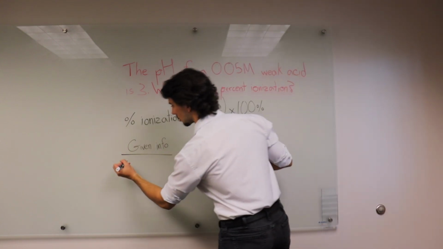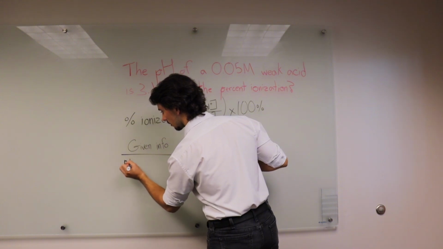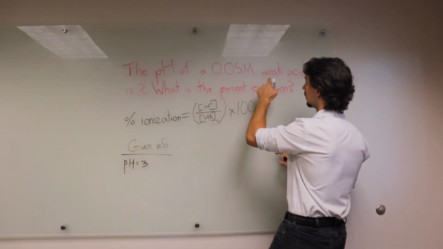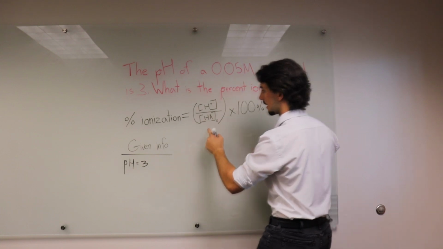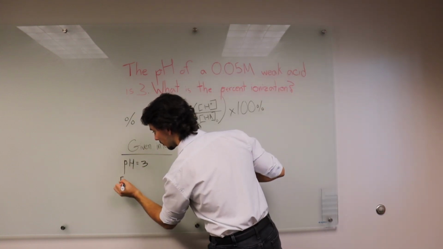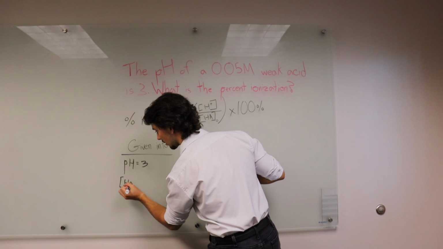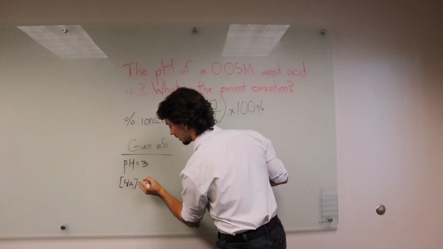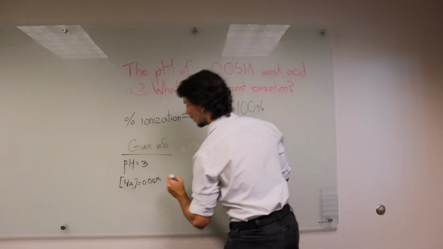Now, let's see what we're given. We're given the pH. So we know that the pH is going to be 3. And we're also given the concentration of that acid. So we write that as the concentration of HA, because we don't know what acid it is, 0.05 molarity.